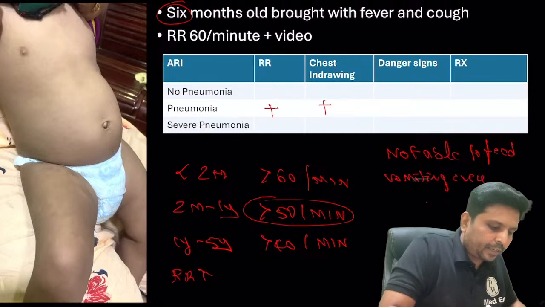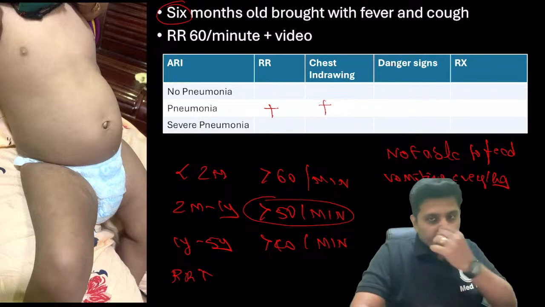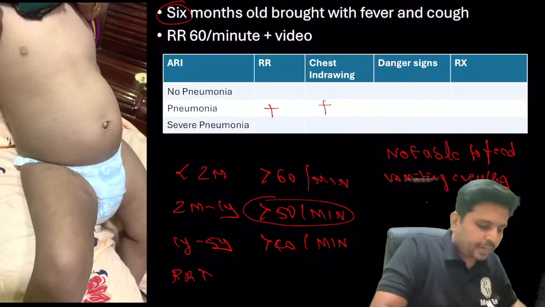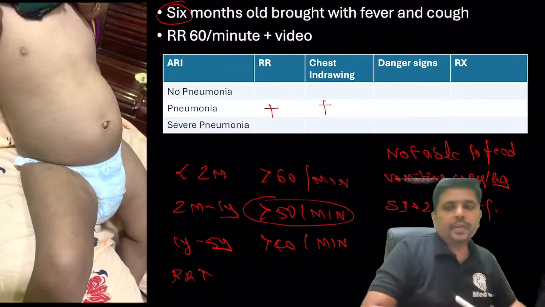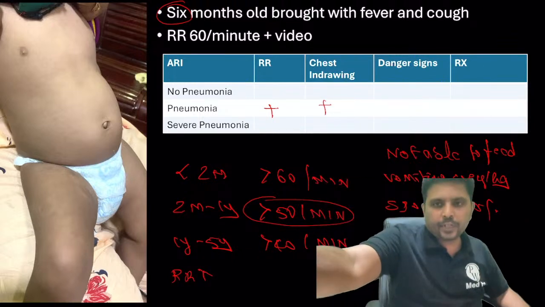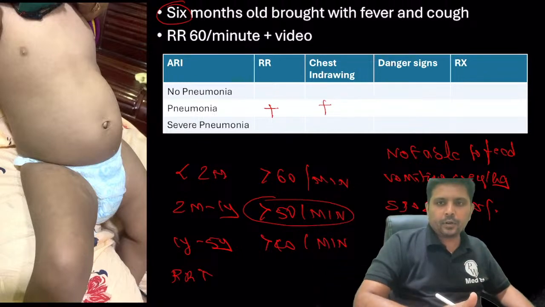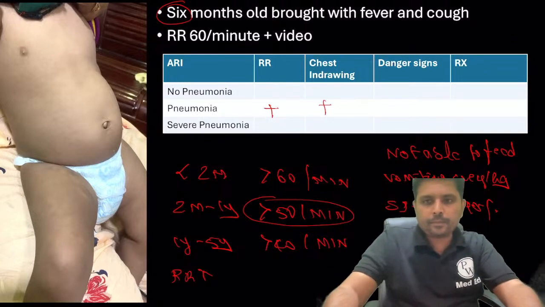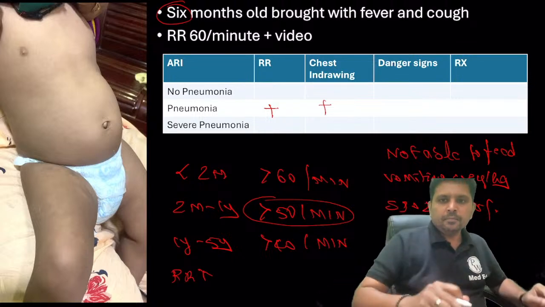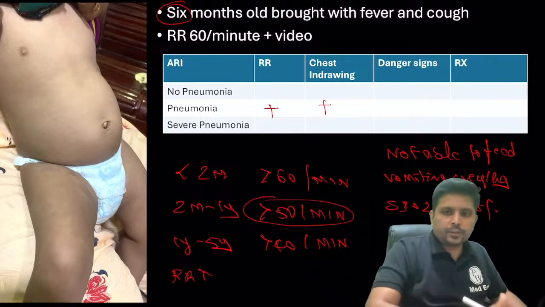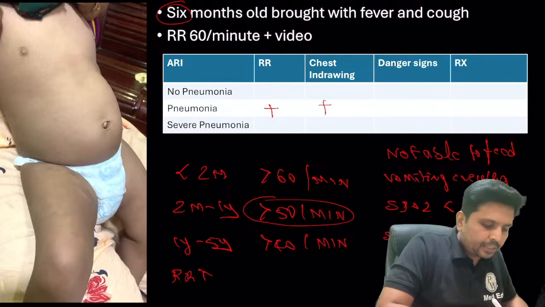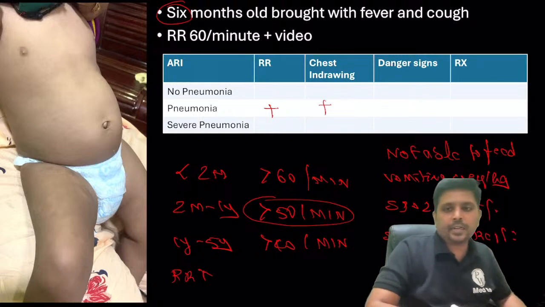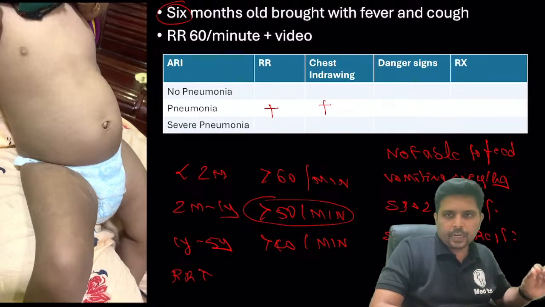Then with respect to the respiratory system, saturation of less than 90 in room air, and stridor at rest. That is what they have given in the INICET guidelines. So these are all the danger signs.